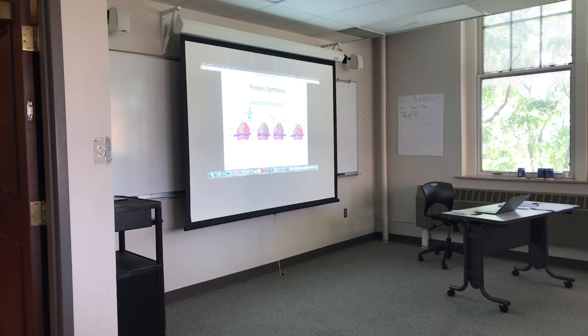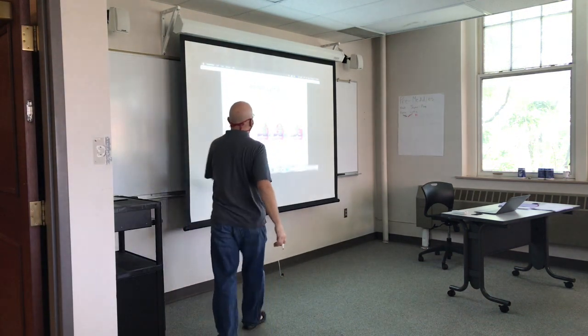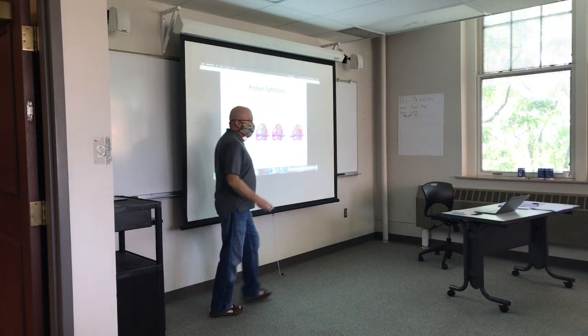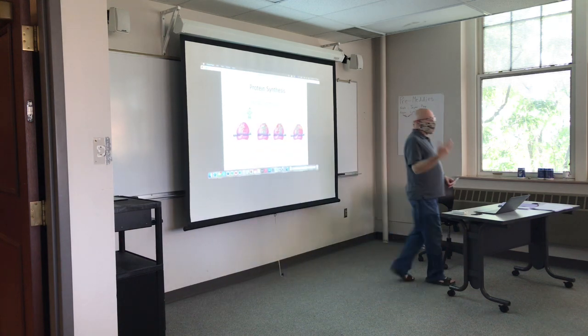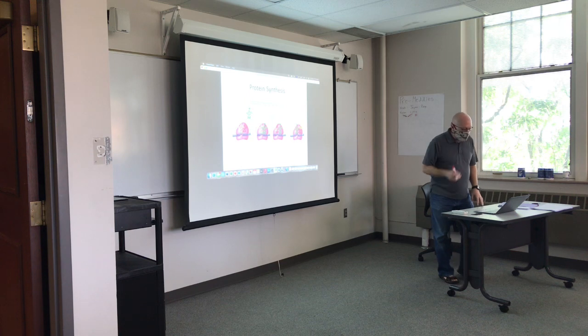Down here, there's a sequence of 3 nitrogenous bases that are important. This is called the anticodon. And so the anticodon is made up of nucleotides that have exposed nitrogenous bases, and for whatever reason, the resolution on this projector is terrible.